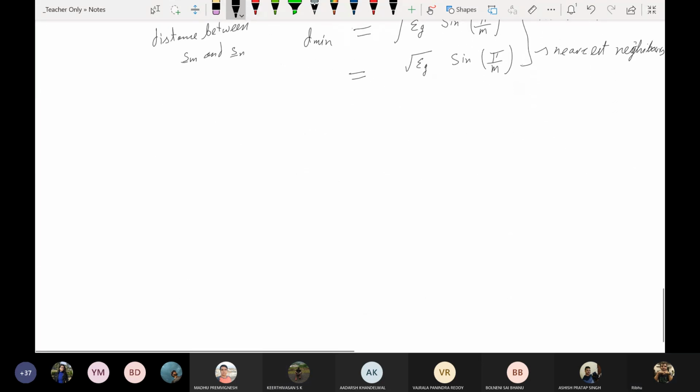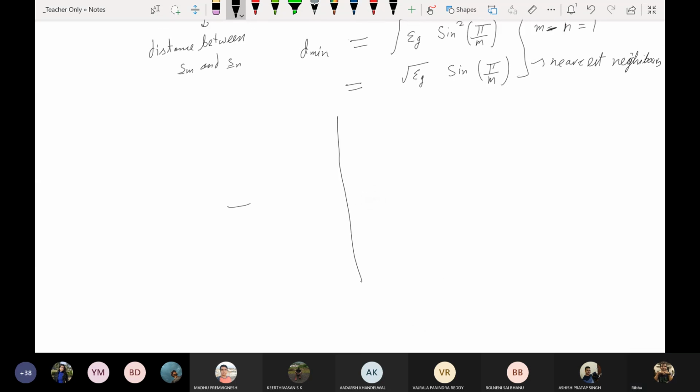So another way of looking at this, or a simpler way of looking at this, is you take points here and you take point here. Fine.